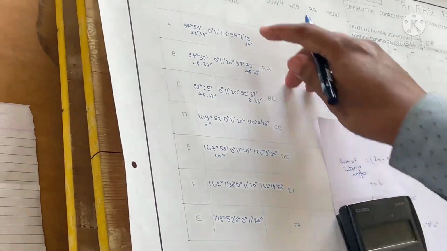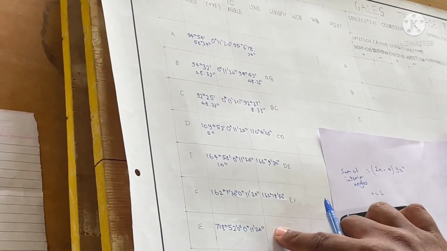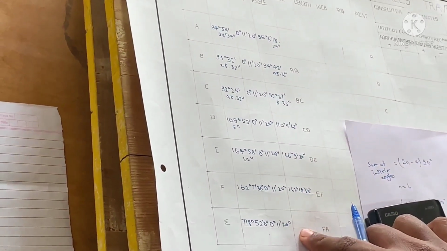Now we are going to check whether the summation of these is equal to 720 degrees or not.